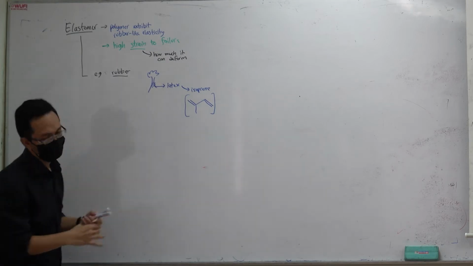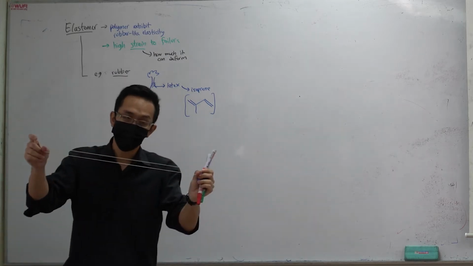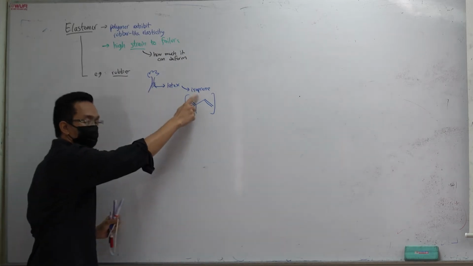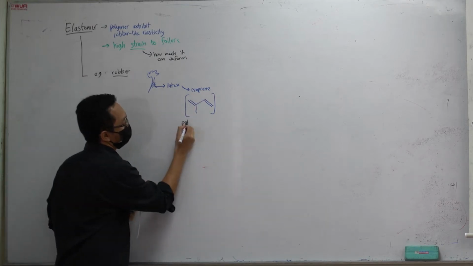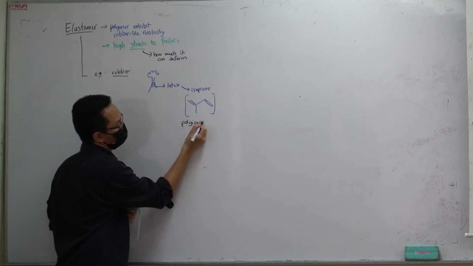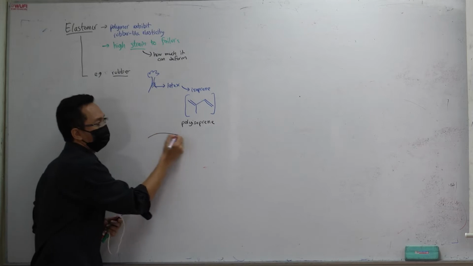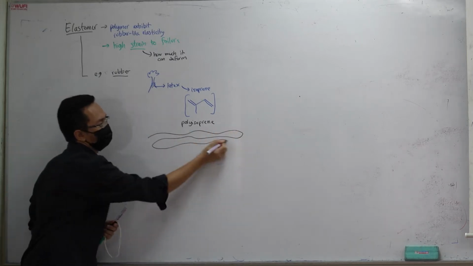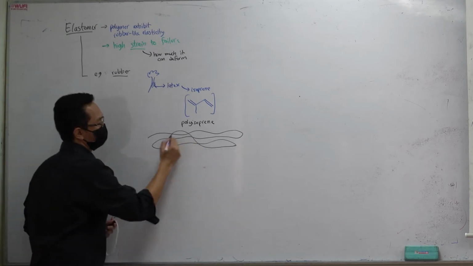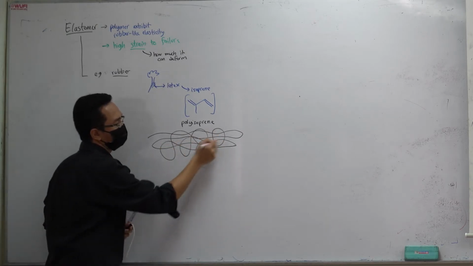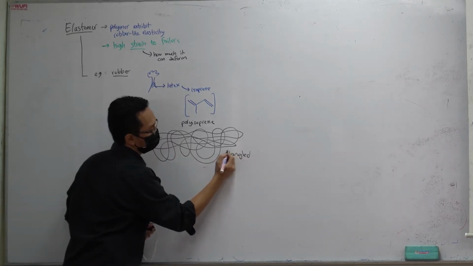For the rubber, the reason it shows this elasticity is because of the isoprene polymer, or more properly, polyisoprene, because we have a lot of these. Polyisoprene is very long, to the point that it is tangled on itself.